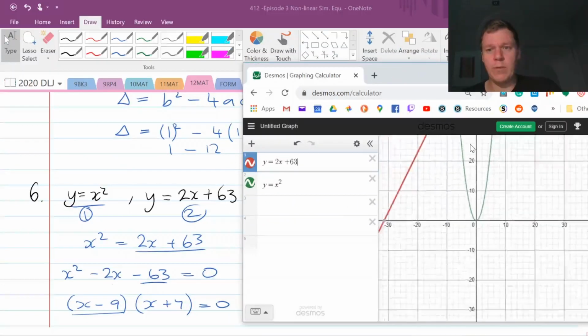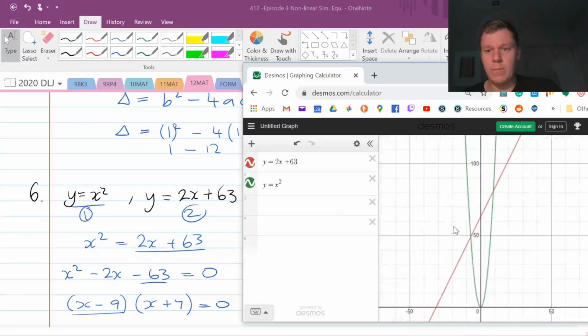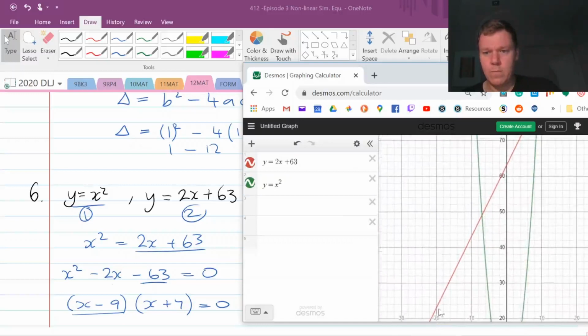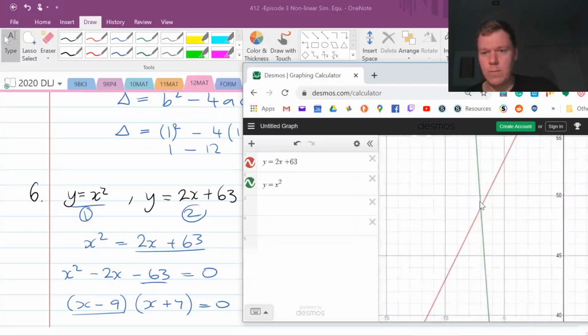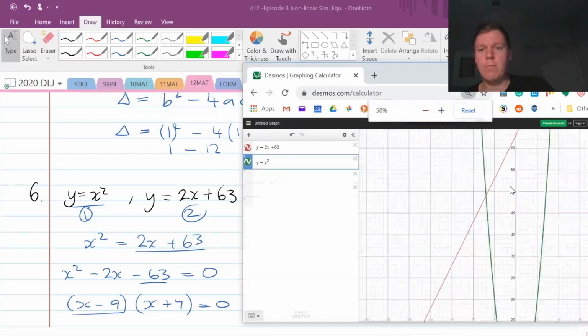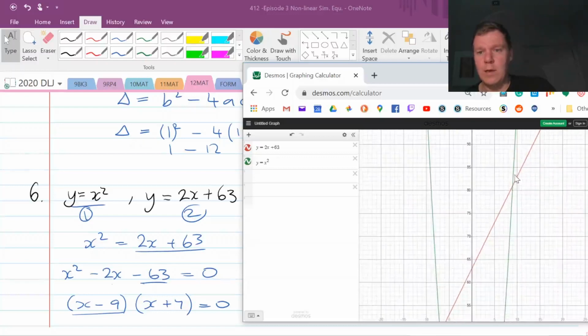Alright, well, we're going to have to zoom out to find this. There we have 1 point, negative 7, 49, that's what we calculated. And (9, 81), another point. Okay, that's that one done.